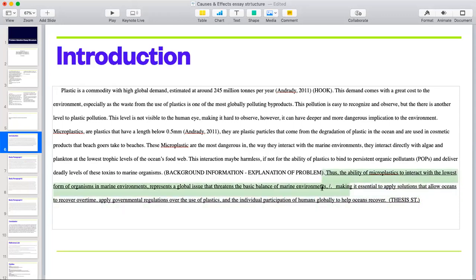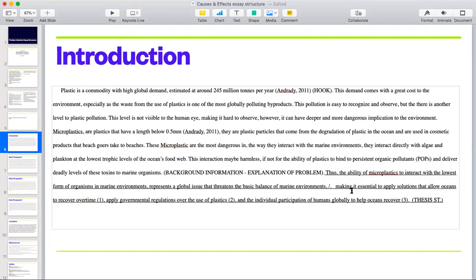So here he is still identifying the problem, but the solutions are solutions that allow the oceans to recover over time. This is solution number 1. Apply governmental regulations over the use of plastic. This is solution number 2. The individual participation of humans globally to help oceans recover. This should be solution number 3. So this should have been the focus of the thesis statement.